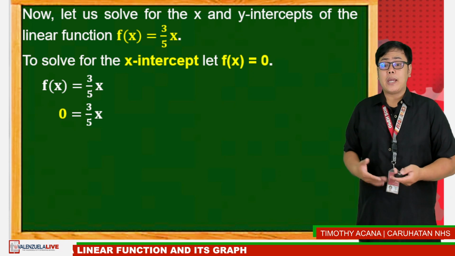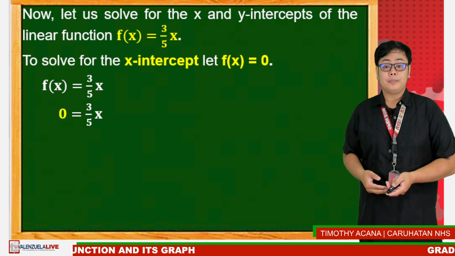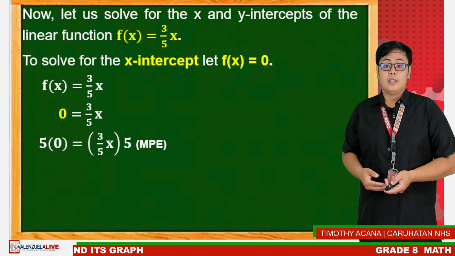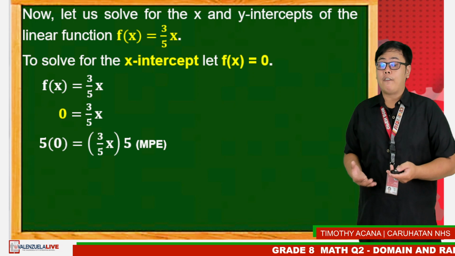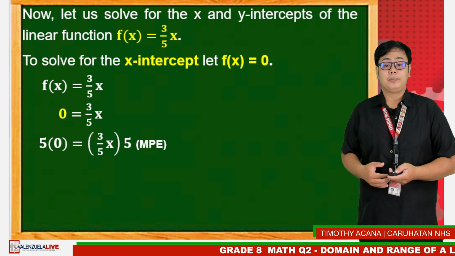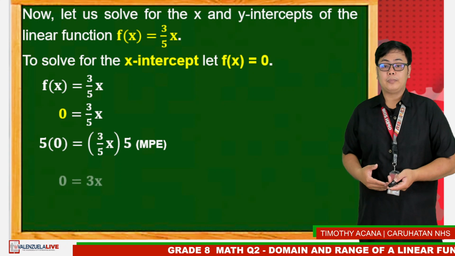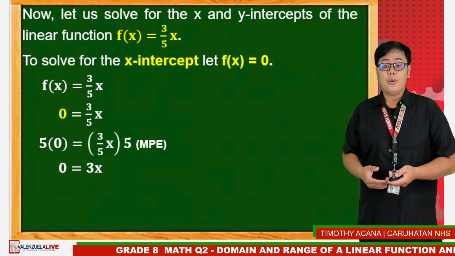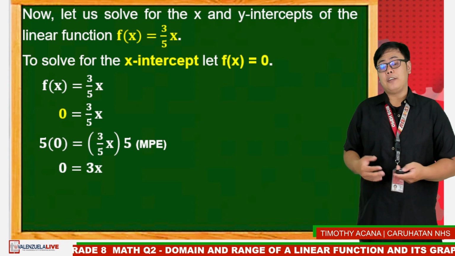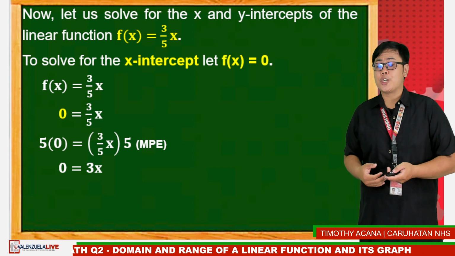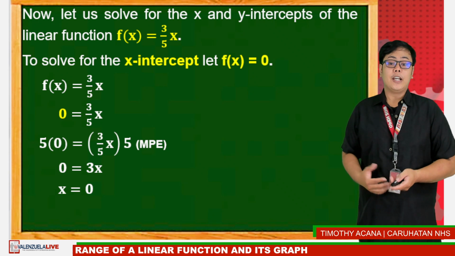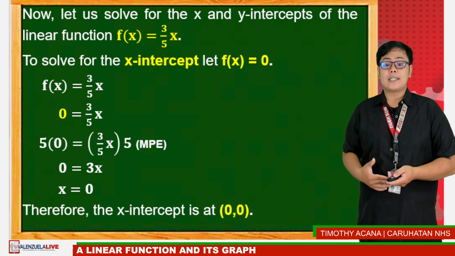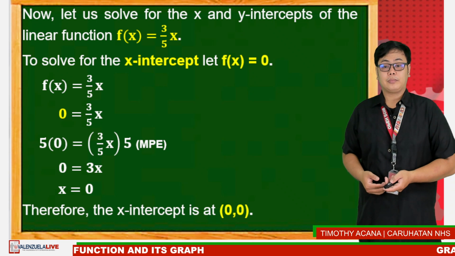Multiplying 5 to both sides of the equation, we have 5 times 0 is equal to (3/5 x) times 5. Simplifying, we have 0 is equal to 3x. And dividing both sides of the equation by 3, we have x is equal to 0. Therefore, the x-intercept is at (0, 0).